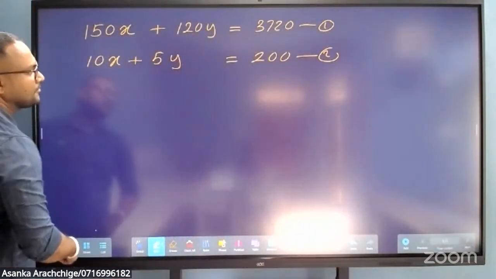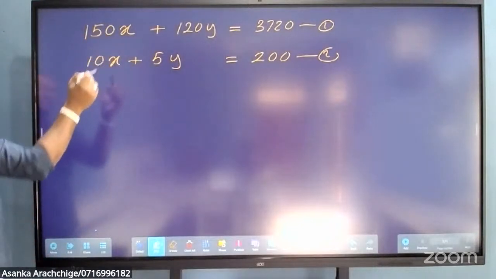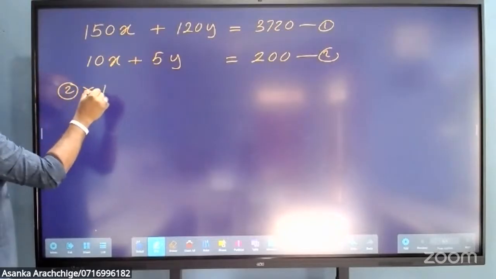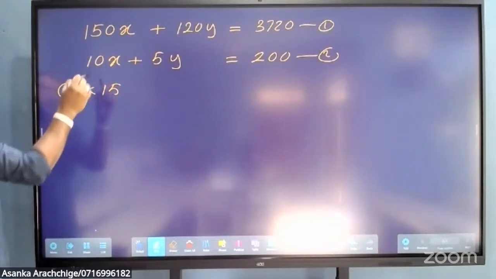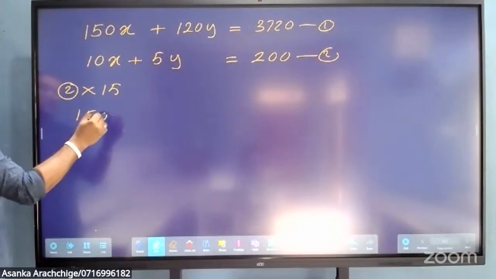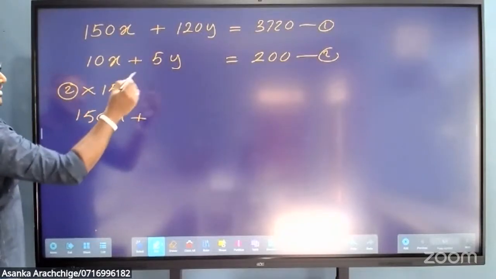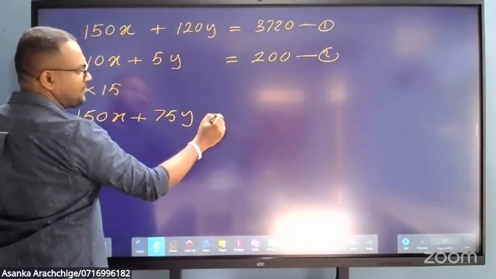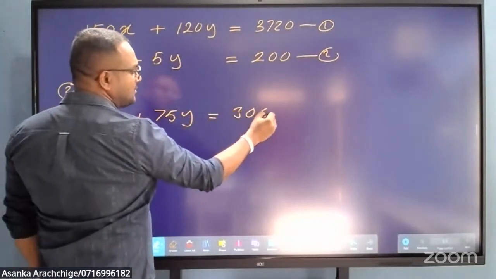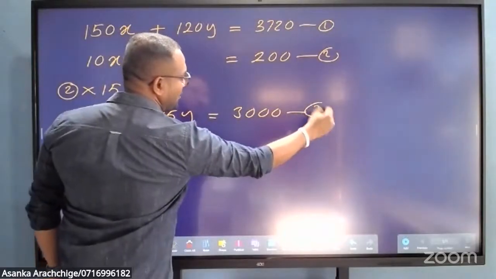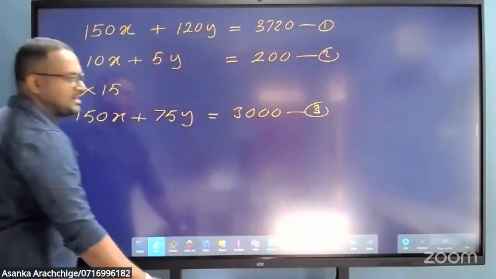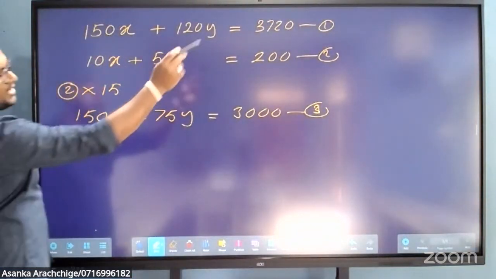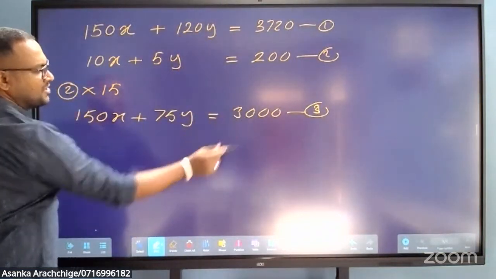Now look, 150x and 10x. I multiply equation number 2 by 15. 15 times 10, 150x. 15 times 5, 75y. 15 times 200, 3,000. This is a new equation. I label it as number 3. Now, 150, 150. 3,720, 3,000.